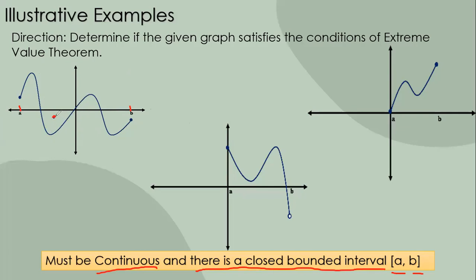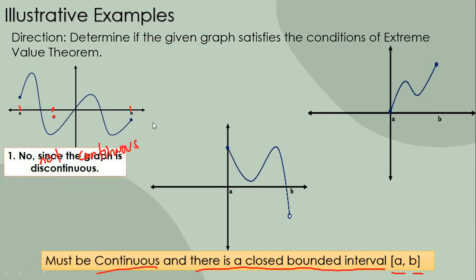Okay. So, but it is defined at that certain x value. So, meron pa ring interruption sa ating graph. So, this is not continuous. So, thus, it does not satisfy the extreme value theorem.